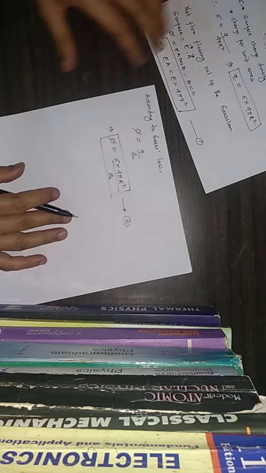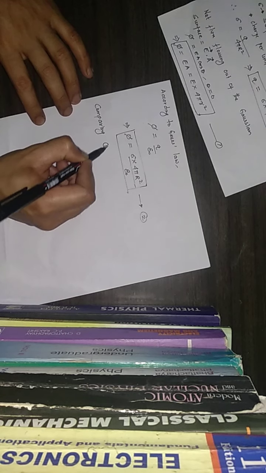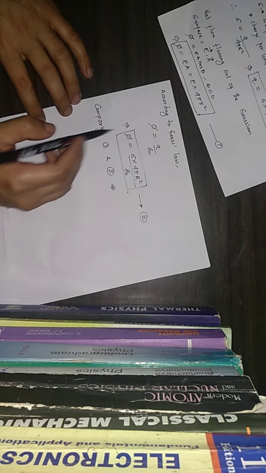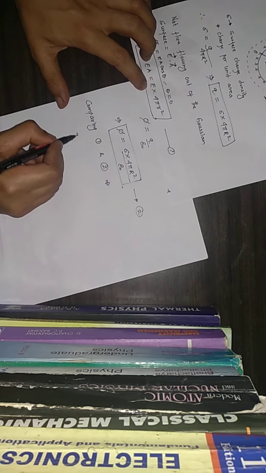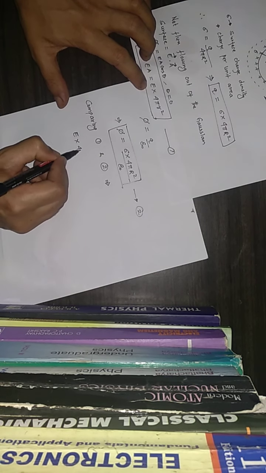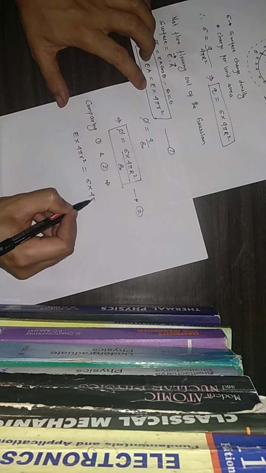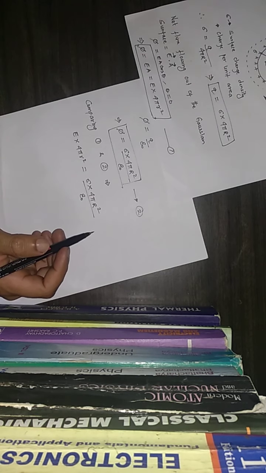Now comparing 1 and 2, what we will get is E into 4 pi r square will be equal to sigma into 4 pi R square divided by epsilon 0.